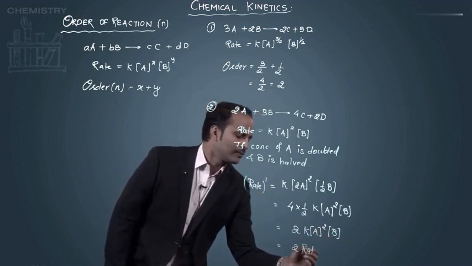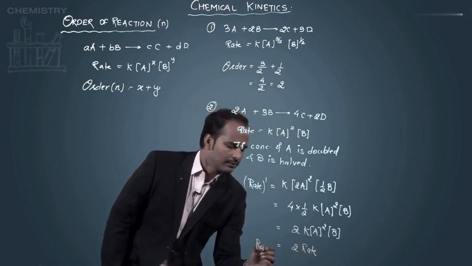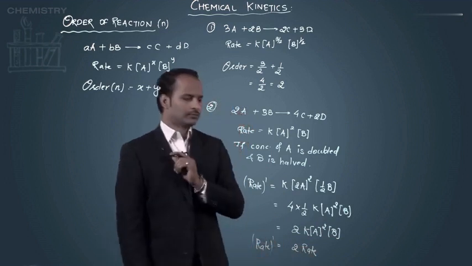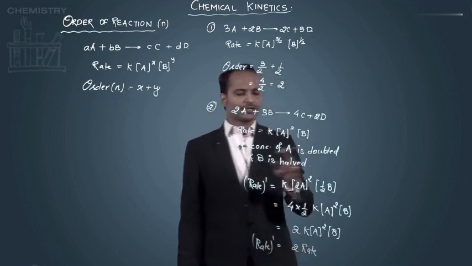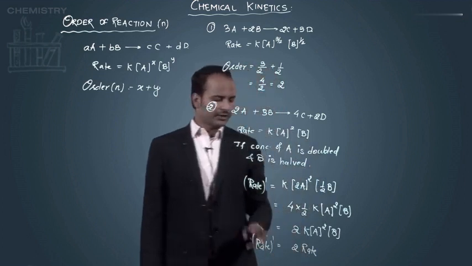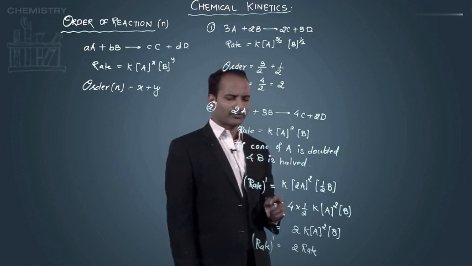So I can say that when A is doubled and B is halved, the new rate of reaction is twice the original rate of reaction.